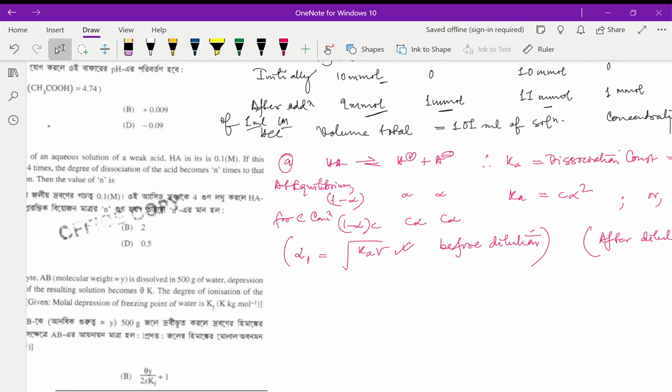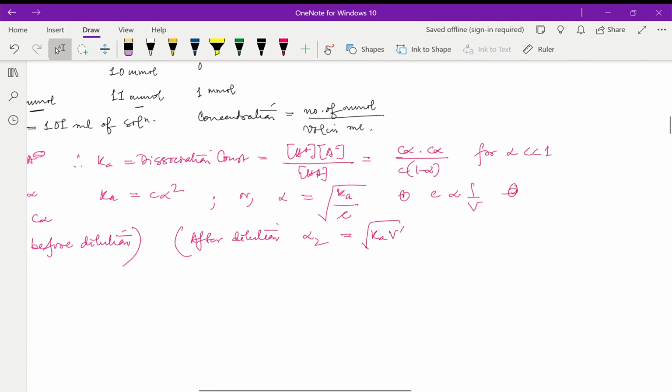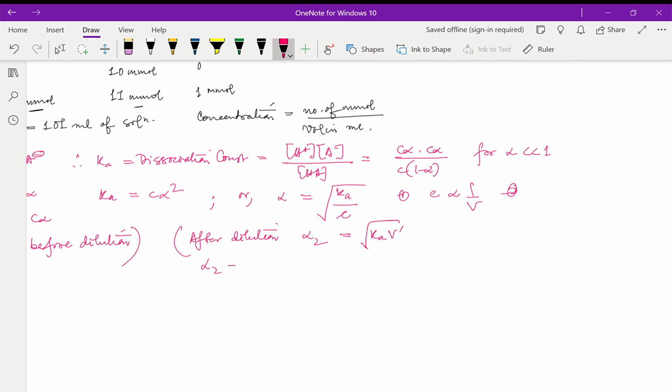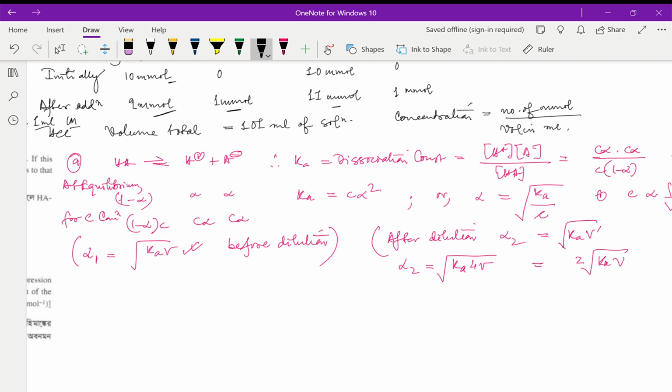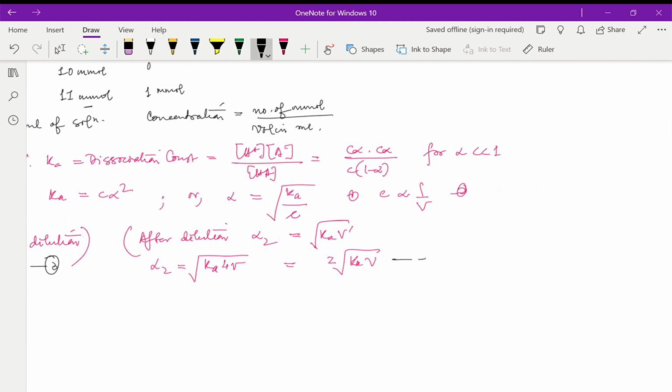So we can now write alpha 2 as root of Ka 4V, or we can write this as 2 root KaV. So we can now say this to be equation 3 and this to be equation 4.